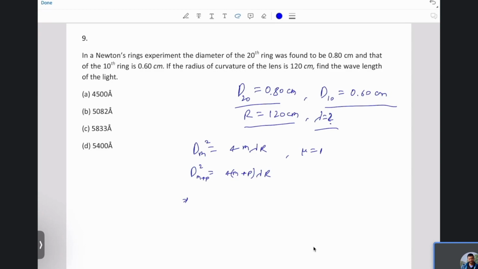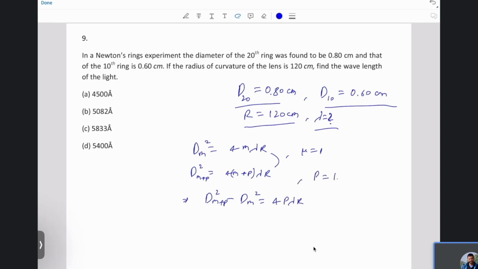So D(m+p) square minus Dm square is equal to, when you subtract these two equations, you will get 4p lambda R. Correct. Now what is p?